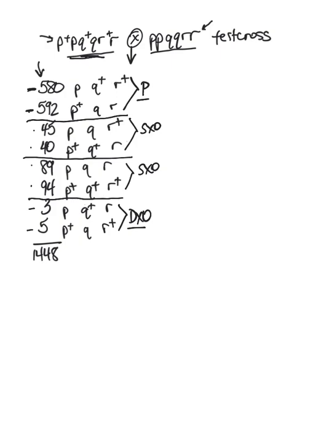So let's take our 3 genes, P, Q, and R. In the parental type, we have P, Q plus, and R plus as one linkage unit.